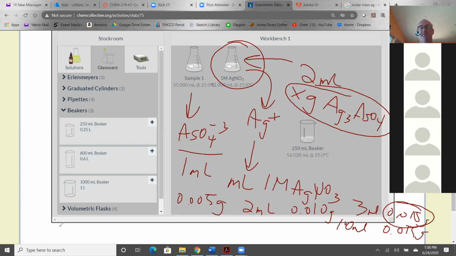So those will remain blank until you reach the maximum mass of precipitate. Only then do you calculate the mass percentage. So if 2 isn't the max of the precipitation, I will put 3, or not 10, 3.